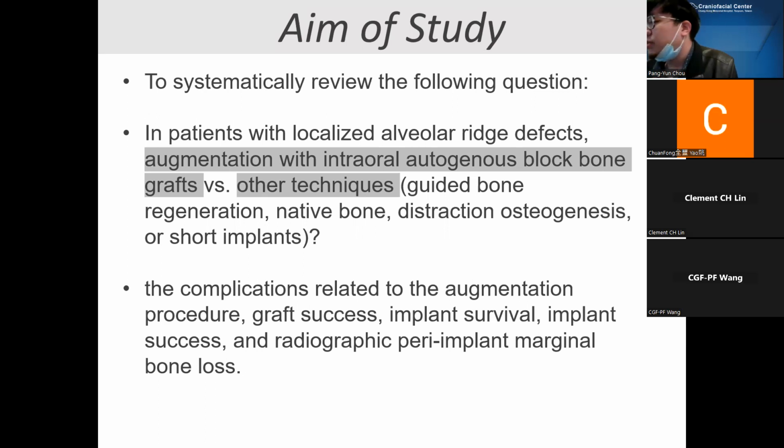And the aim of the study is to compare the outcome in patients with localized alveolar bone ridge defects, augmentation with intraoral autogenous bone grafts versus other techniques like guided bone regeneration, distraction osteogenesis, or short implants.